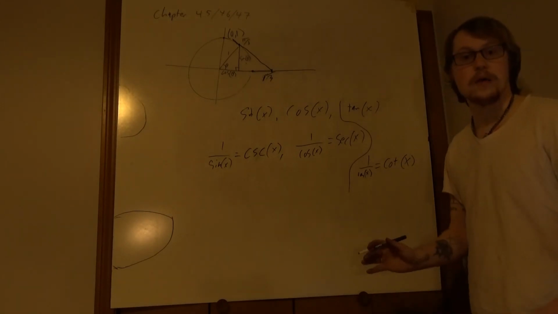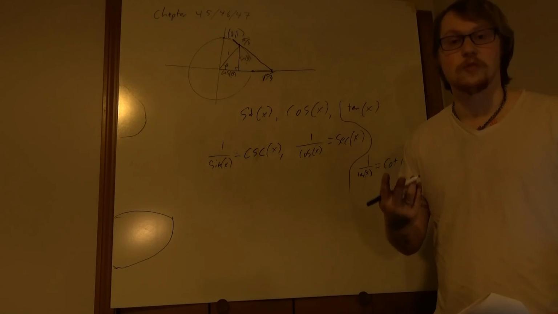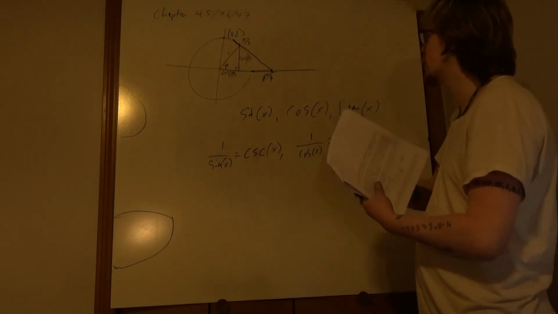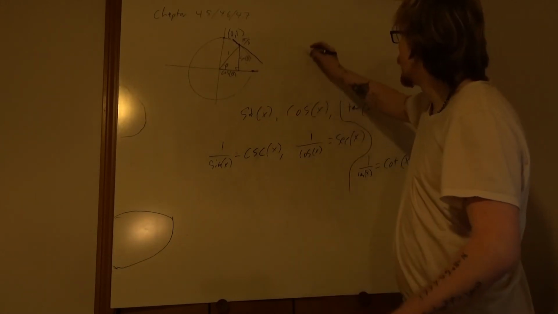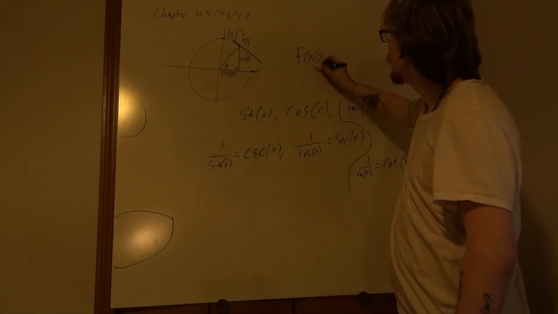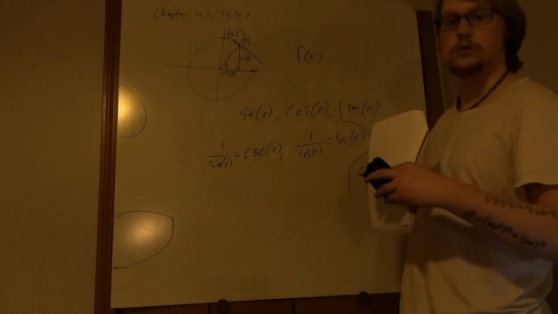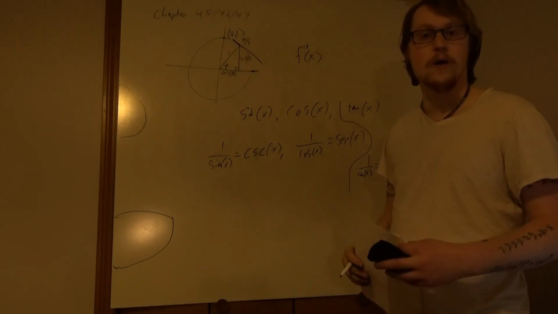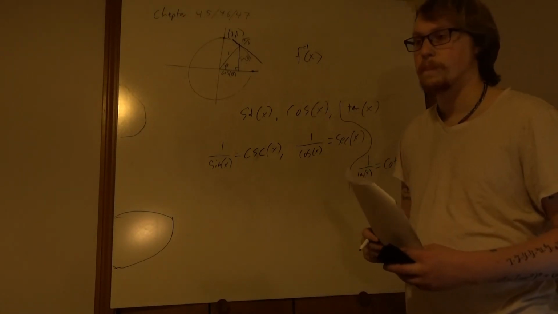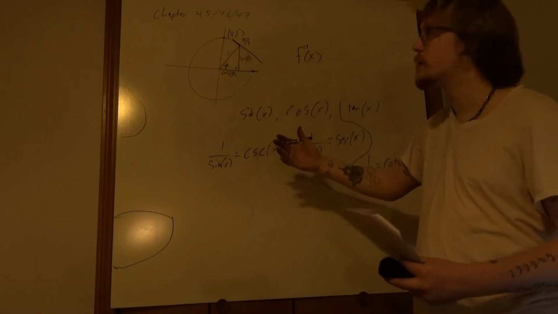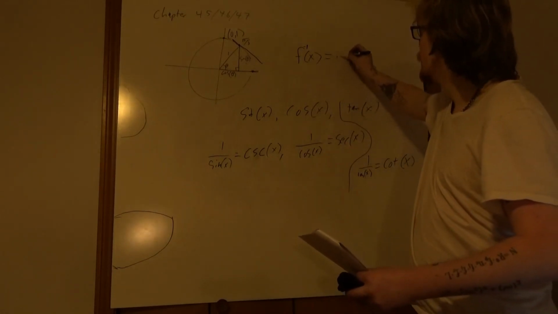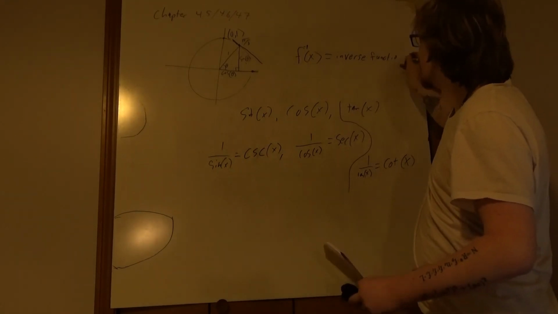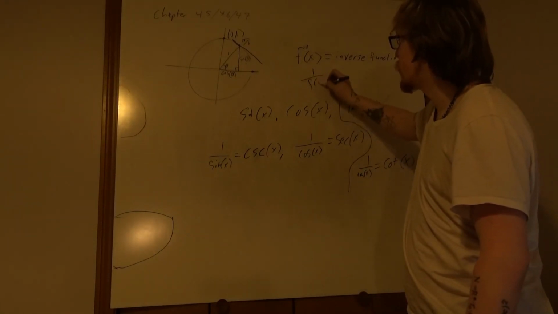And the reason why we have 6 functions instead of just 3 and their reciprocals is a more general point: when you have f of x, which refers to a function, and you see it raised to the negative first power, the convention is that this means the inverse function, not 1 over f of x.